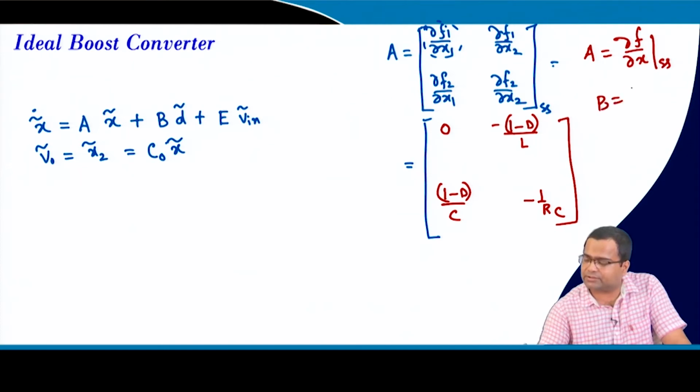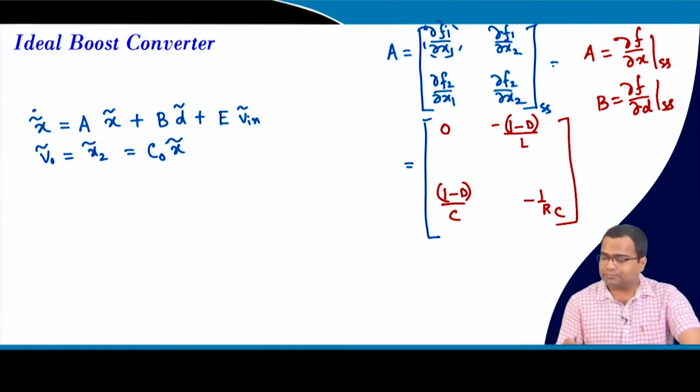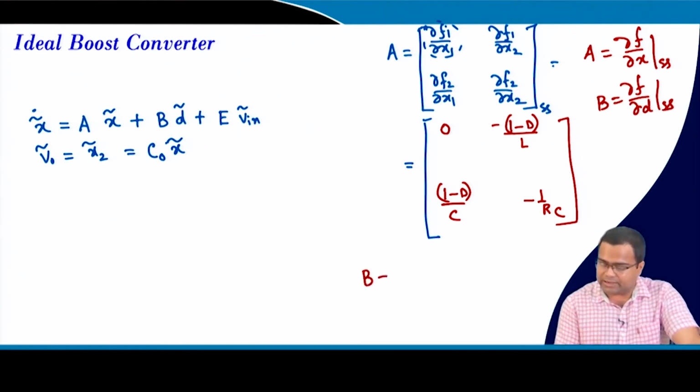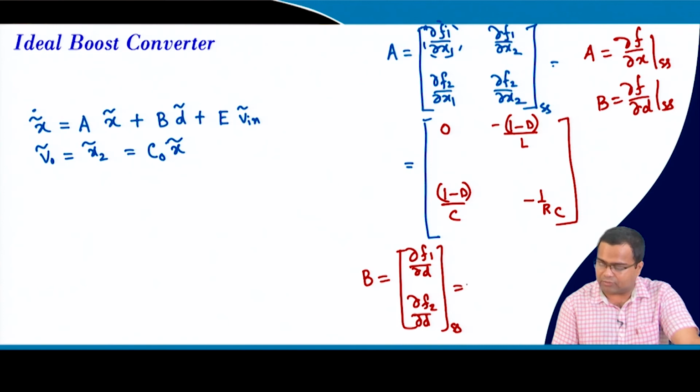Similarly, B matrix is dou F dou d computed at steady state. So, B matrix will consist of dou F1 dou d and dou F2 dou d at steady state, and what is this? Let us find out.